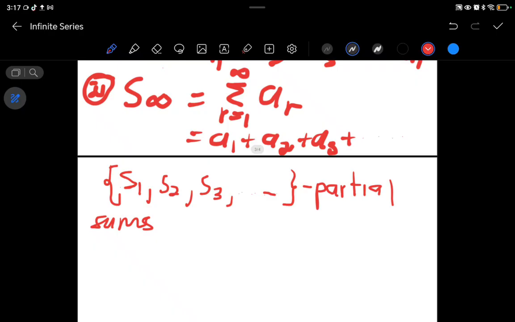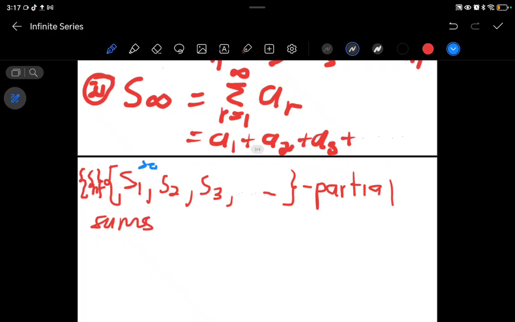Now, we can say that this partial sum, I can call it a sequence of series.